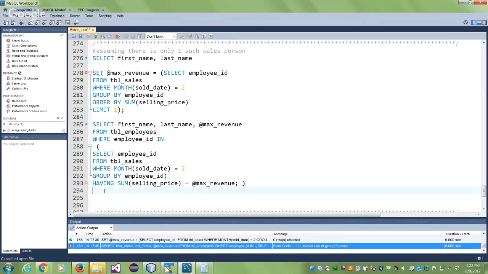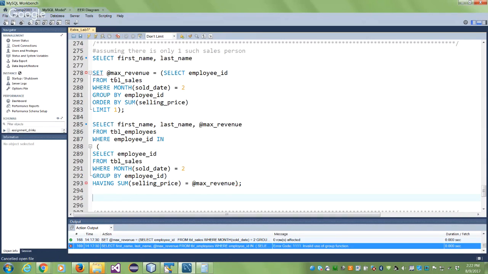What's missing now? No, semicolon out of it. Out of it, so why was it complaining then? Doesn't say anything. I don't think you can use having with sum. It's just a condition. There we said the count was this. Here I'm saying the sum is this, right? That's all I'm trying to say.